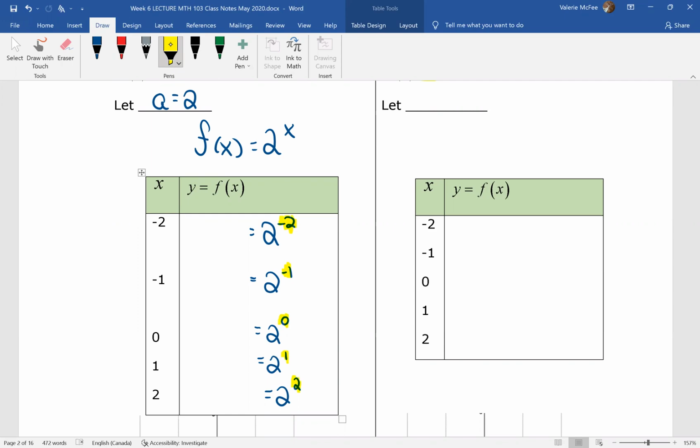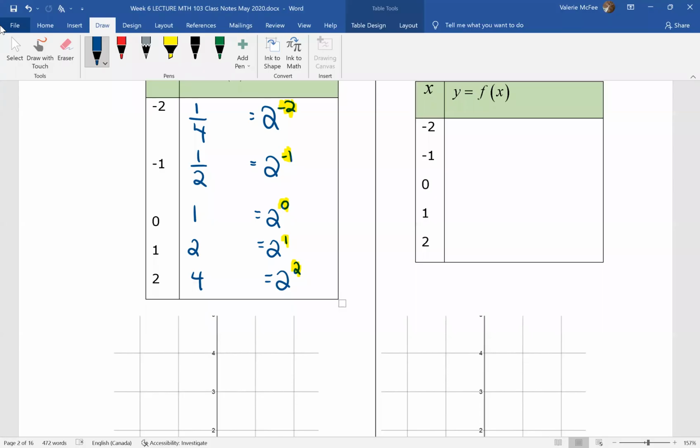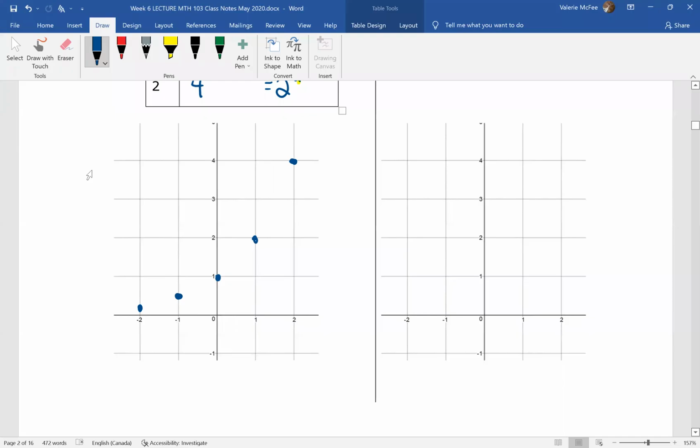Find those values of y. I hope you are able to find these corresponding values of y. Let's plot those on the graph below now. So your graph should look like this, or at least the points that you plotted should look like this.